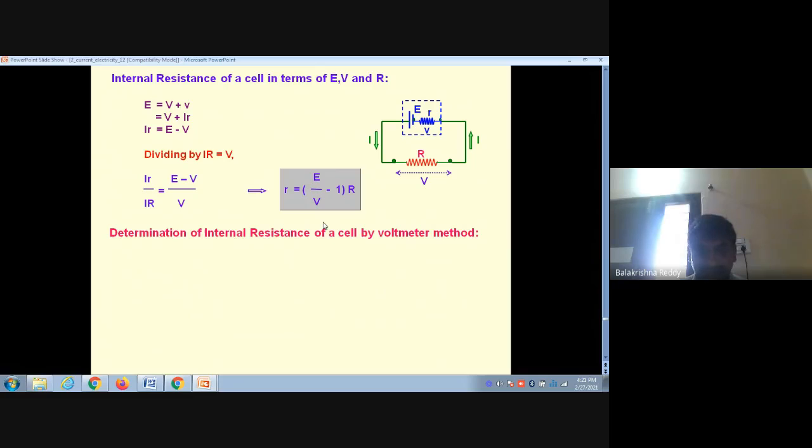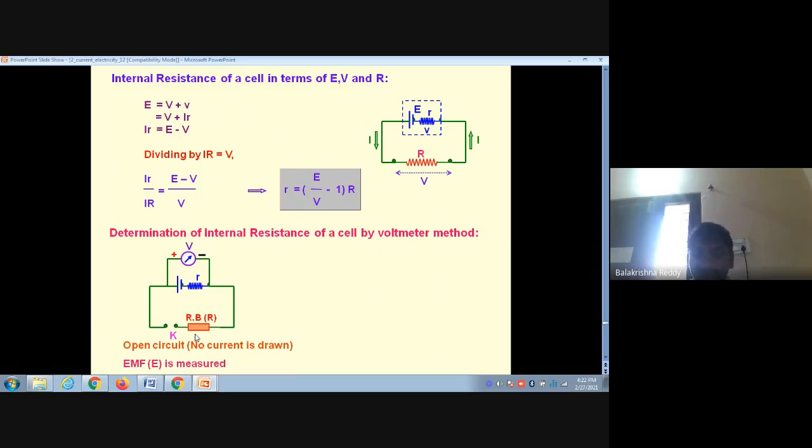Next, determination of internal resistance of a cell by voltmeter method. How will you find it by using the voltmeter method? Simply, the voltmeter, instead of connecting across the external circuit, is connected across the battery. And here a resistance box or fixed resistance is connected with a key. Then directly whatever EMF you have measured, EMF is in the open circuit.